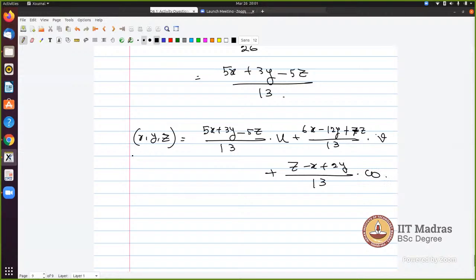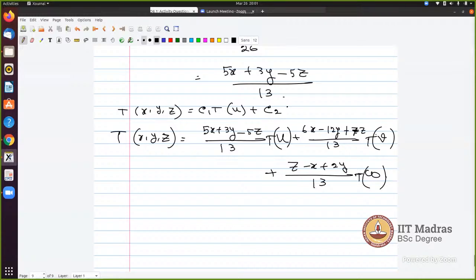Yes. This we got. So I have to find what T(x, y, z) is, right? Now these are constants, so this is Tu, Tv, Tw, right? Yes, because x, y, z was C1 u, C2 v, C3 w, correct?